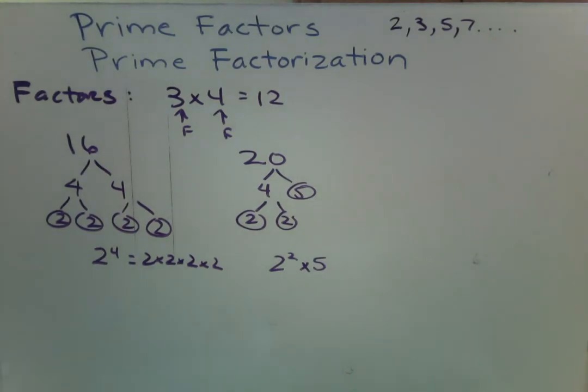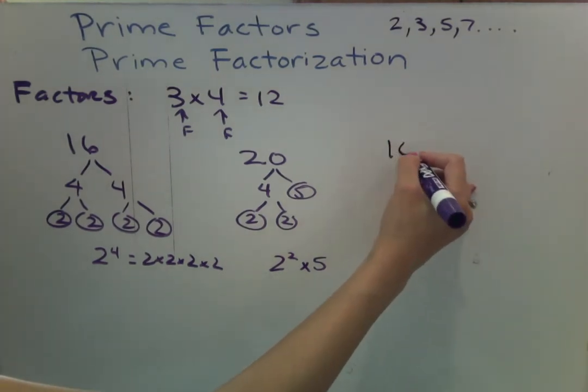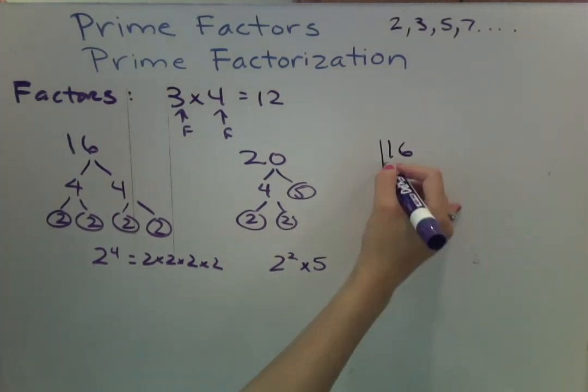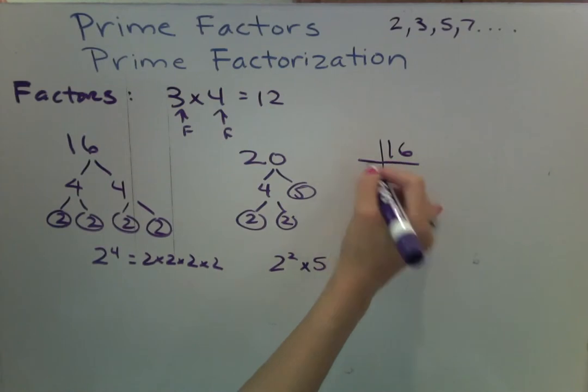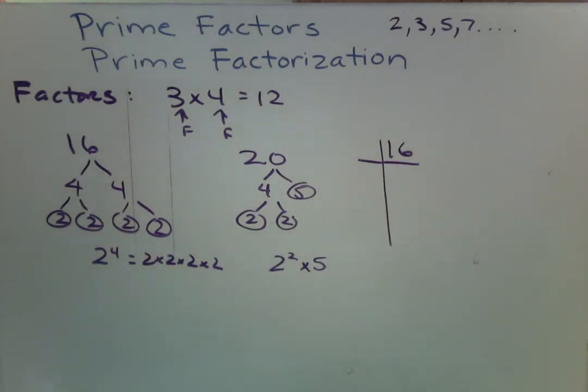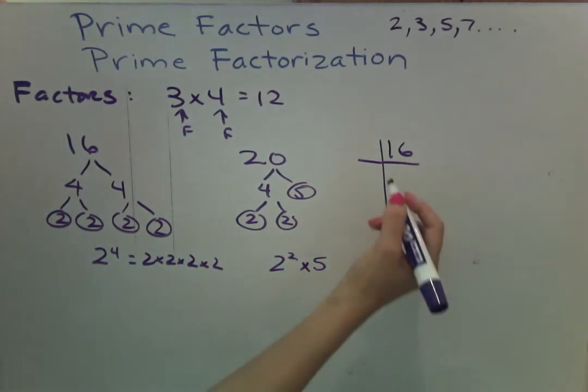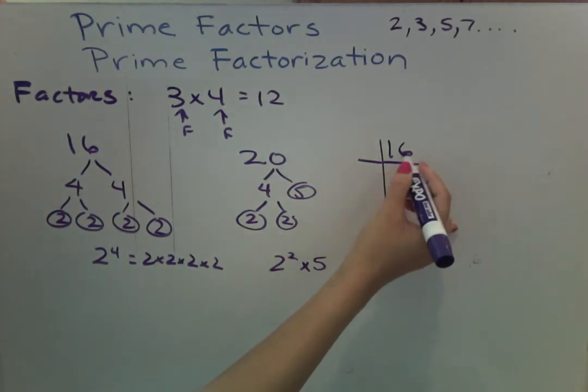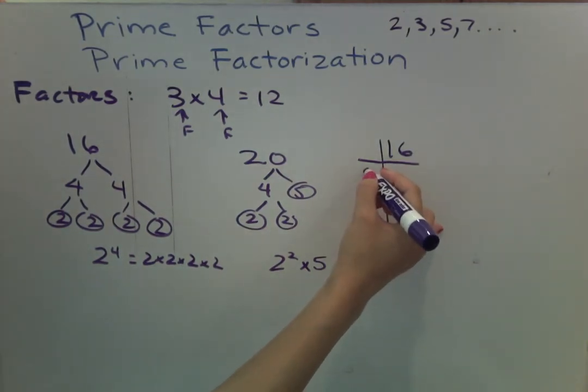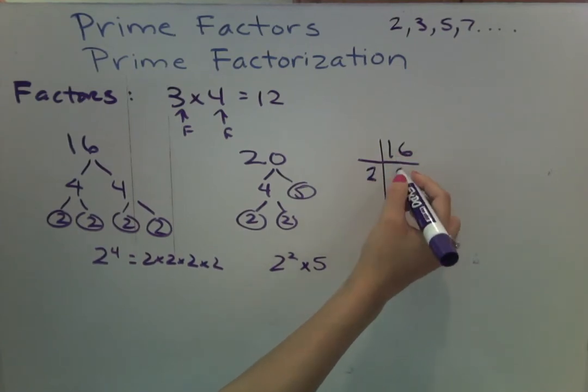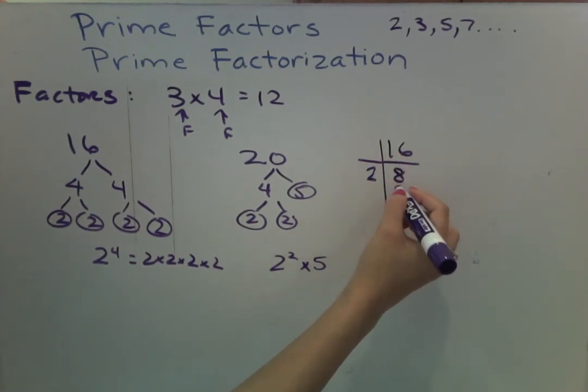But I'm going to show you another way to find prime factors. This method will help you later on when you have to do greatest common factor and least common multiple. So what you're going to do is choose the smallest prime number that can go into 16, which is 2. 2 into 16 is 8.